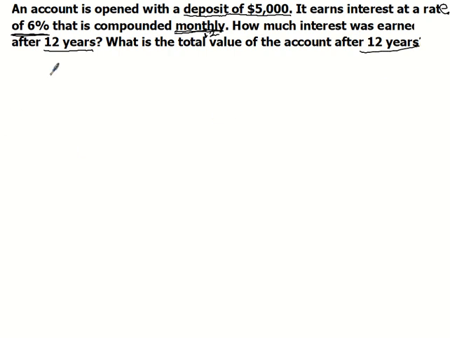Okay, so compound interest. A equals 5,000, parentheses, 1 plus my interest as a decimal over 12 because it's 12 times a year, and then 12 times my years is 12.